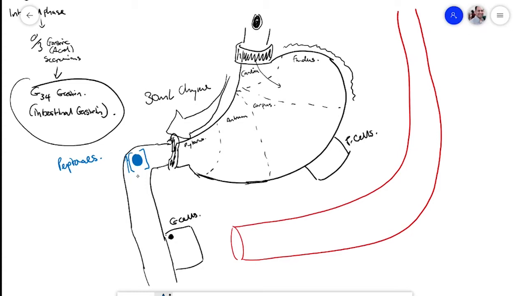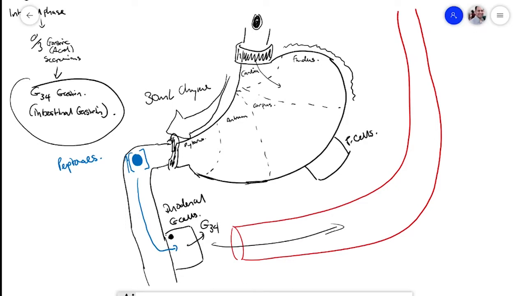This increase in peptone concentration is going to be sensed, if you will, by the duodenal G cells. Now, when these cells become stimulated, they will release their G34 gastrin, and that G34 gastrin will enter our bloodstream.